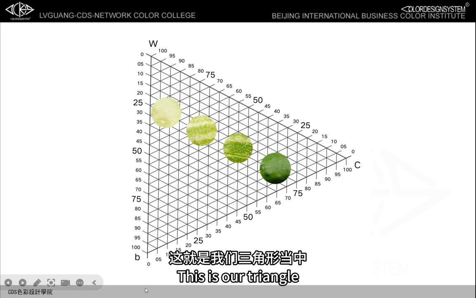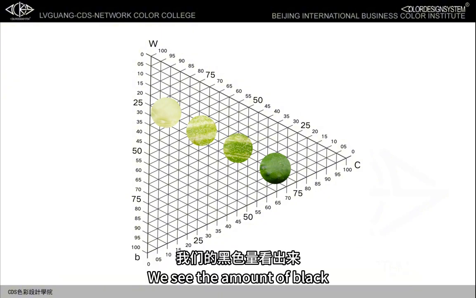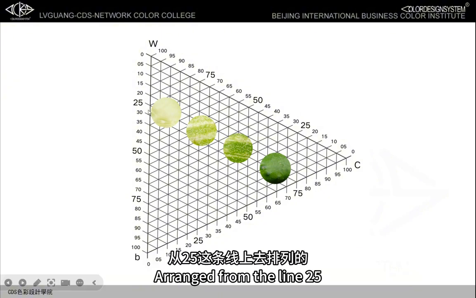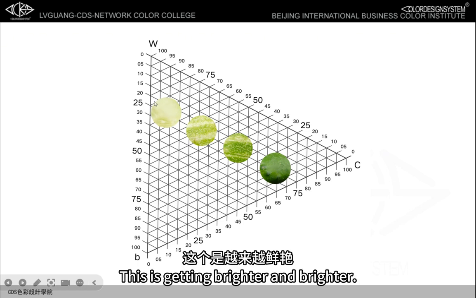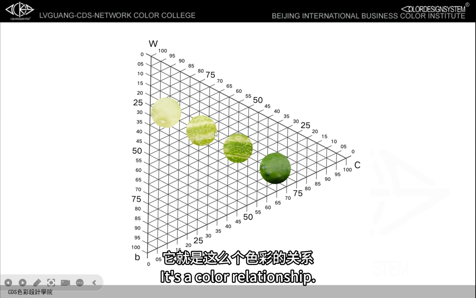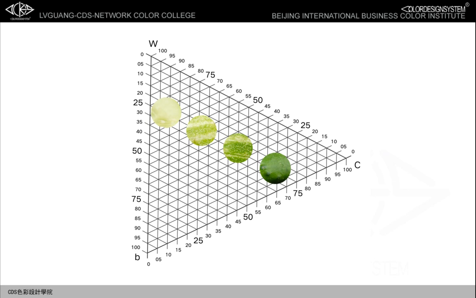This is our triangle, a black quantity arrangement method in the CDS triangle. We see the amount of black, arranged from the line 25, getting brighter and brighter. It's a color relationship. This is how nature works in CDS.